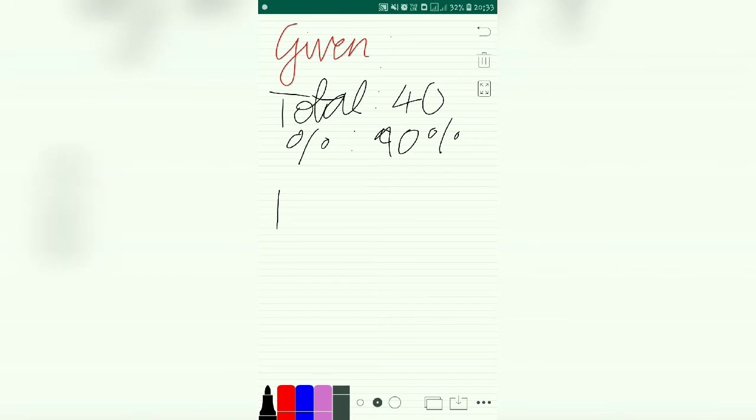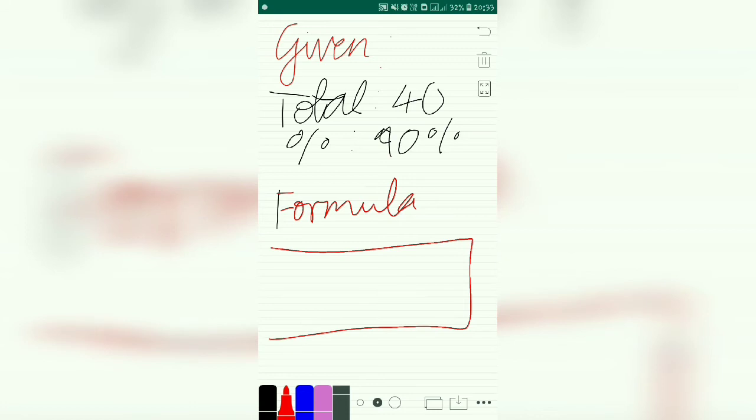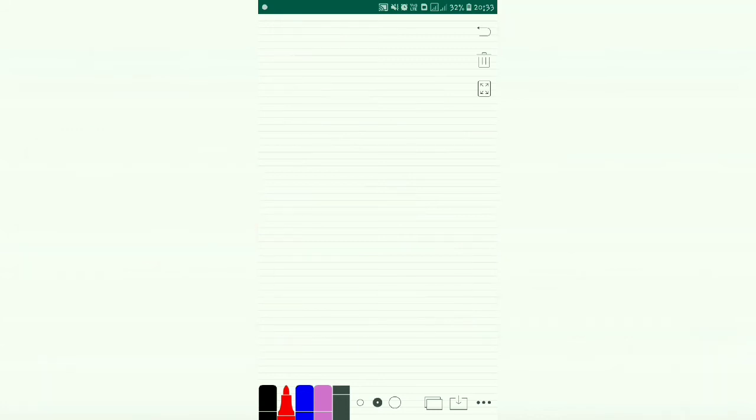As you know, you have to write the formula always in a word problem. Write the formula as I taught in the previous question. After that, write the solution. First you have to find the percentage of messages received.